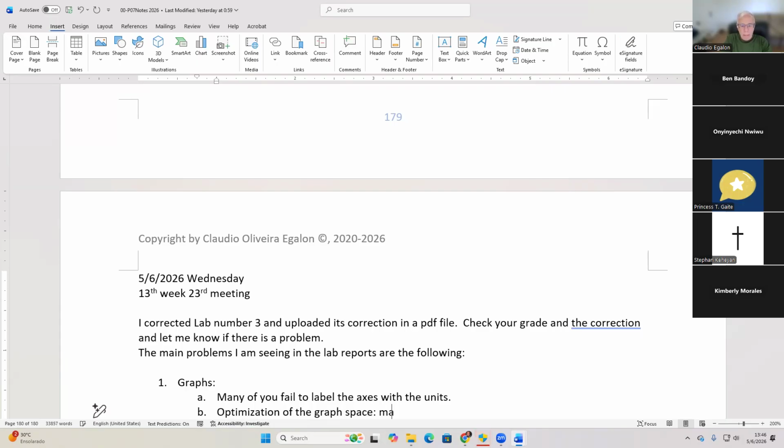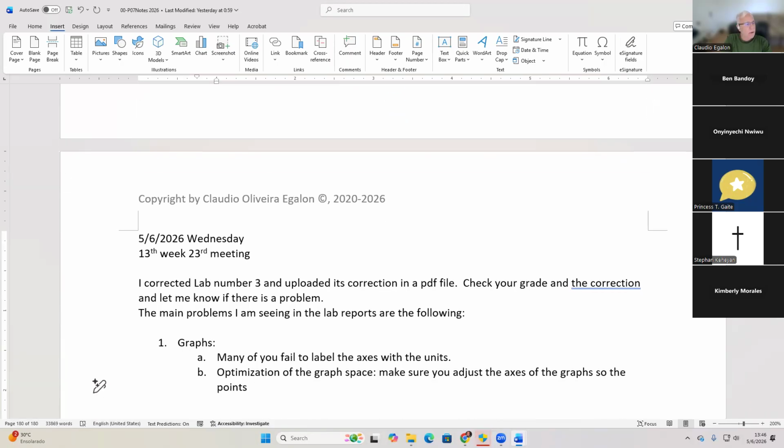Make sure you adjust the axis of the graphs so the points fit and you do not have too much blank space.